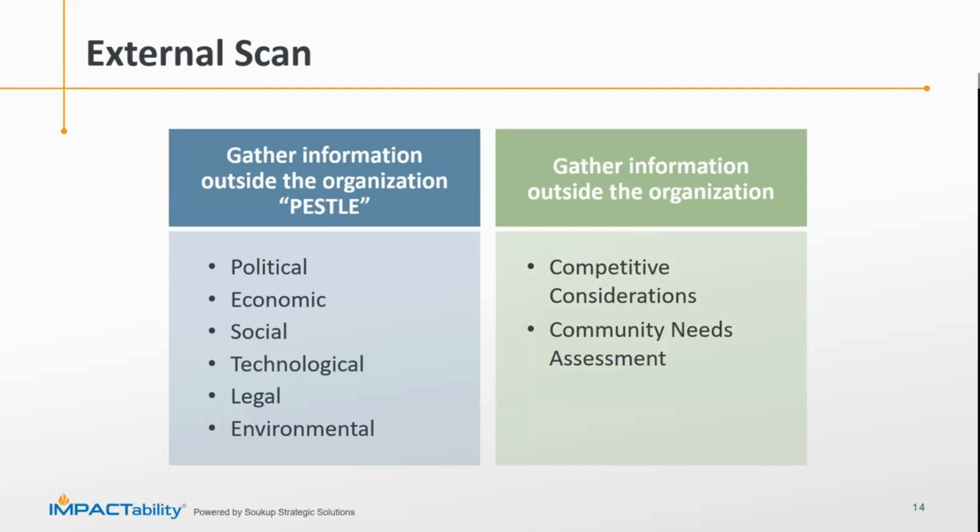There's a lot of things that affect the nonprofit that the nonprofit really doesn't have any control over. In Southwest Florida, one big thing that we have to contend with are hurricanes. That's an environmental aspect that we have no control over. We can plan for it and prepare for it, and we can recover from it, but we don't have the ability to control whether or not it happens. So that's an external factor.